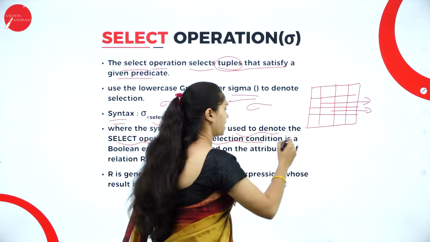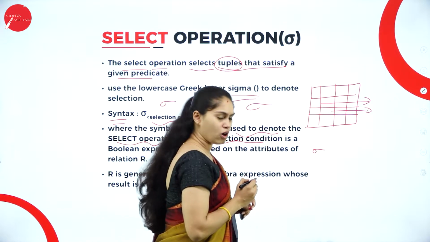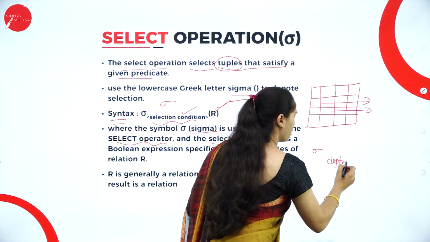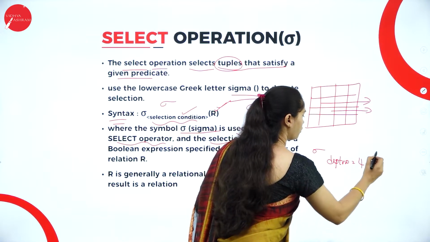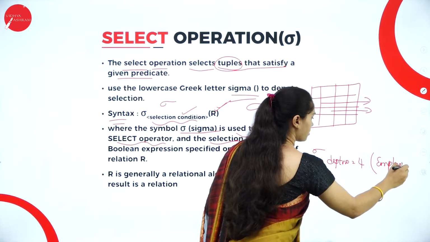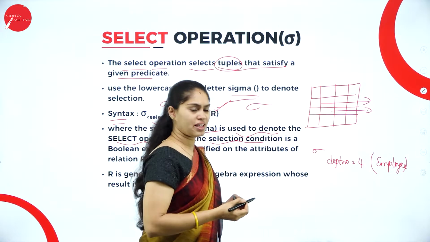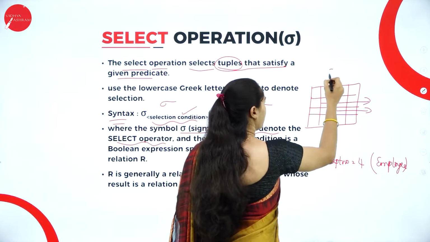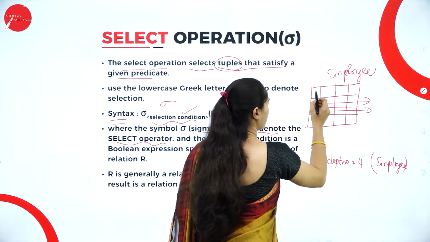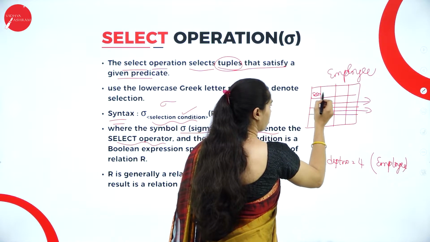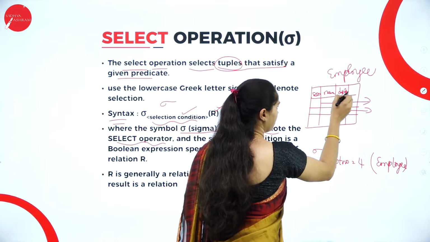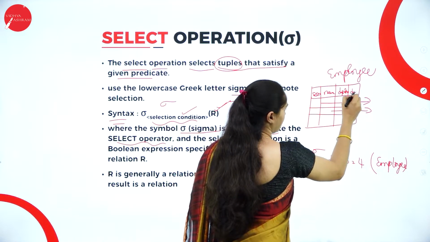So let me consider an example here. Here I have the sigma operator, and I am going to write department number is equal to 4 from the employee. What will it give? Just imagine we have an employee table or employee relation, and it consists of employee ID, employee name, as well as department number and designation, right?